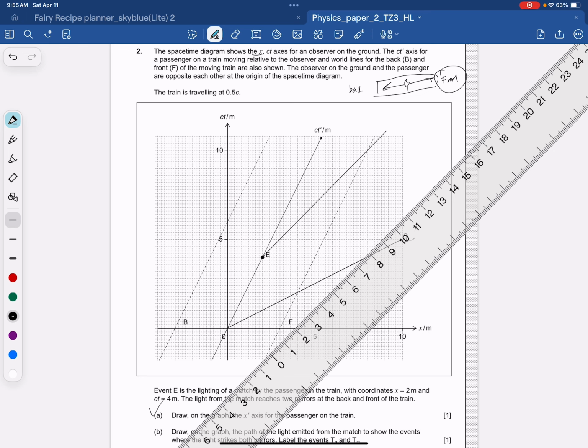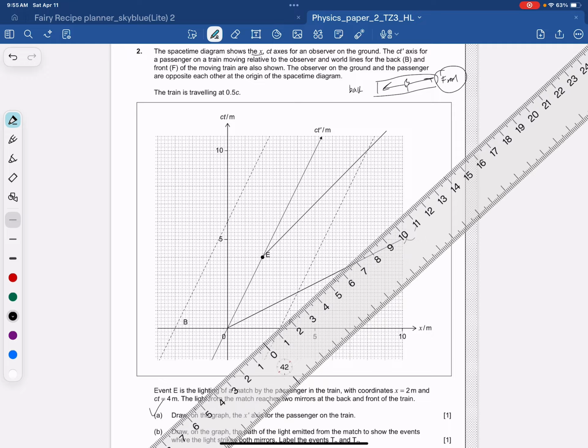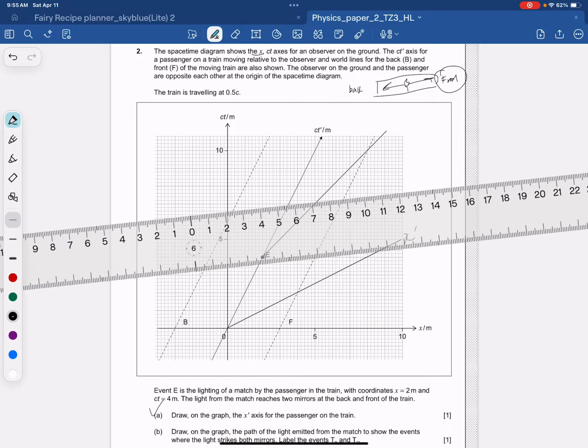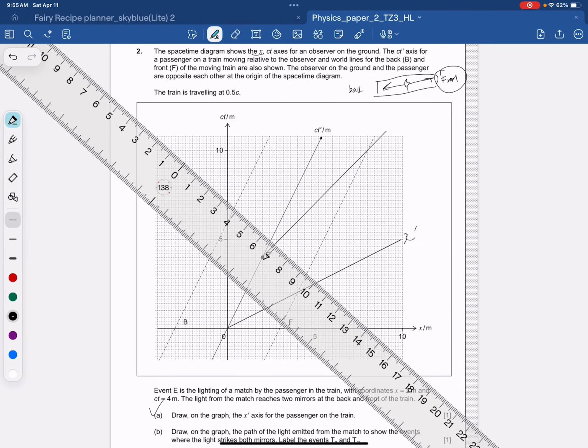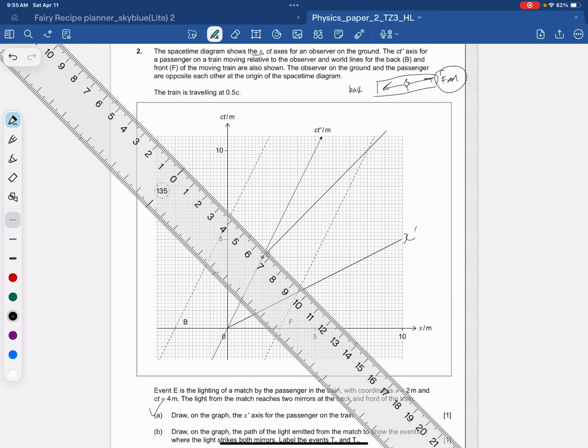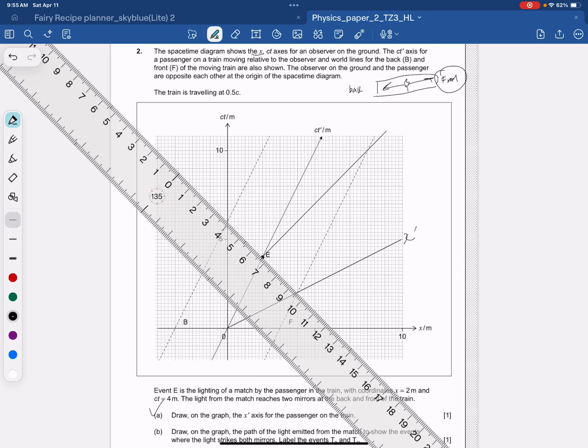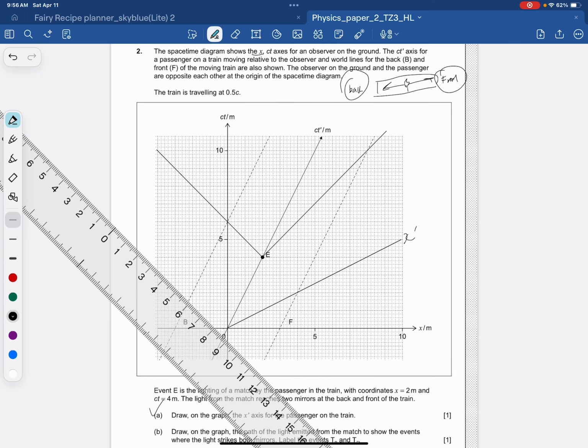Now we're going to set our angle 45 degrees the other way, so 135 degrees. Again, shift the ruler so we start from our event E. That's the world line of the light going to the back of the train. 45 degrees, 45 degrees.